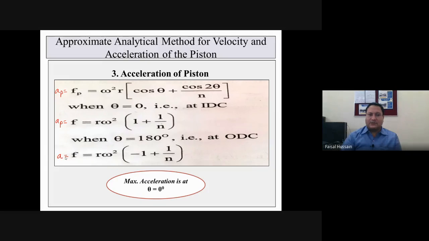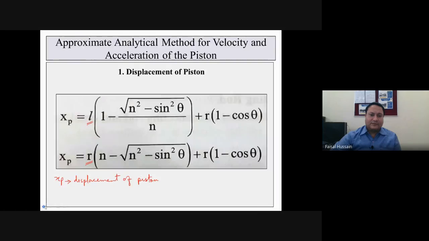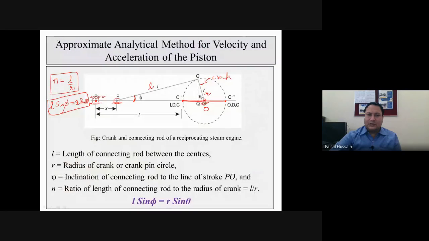Now what happens at the inner dead center position? The angle of the crank will be zero because it will overlap like this. For example, see this figure. In the inner dead position, this crank OC will overlap and come to this position, and it will become OC dash.